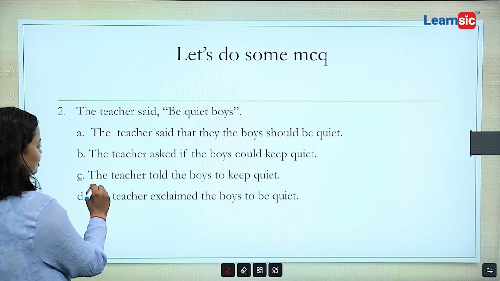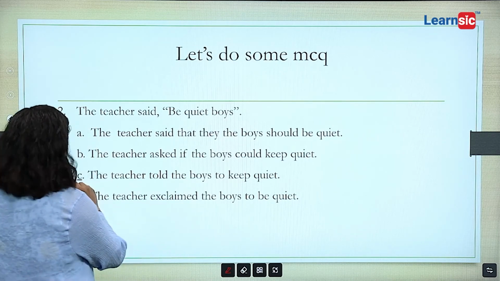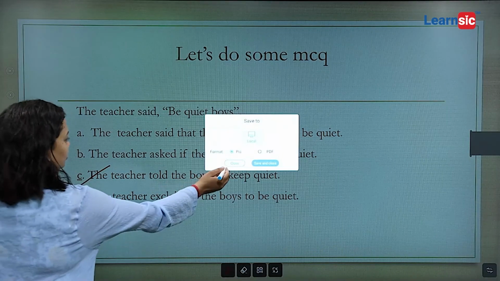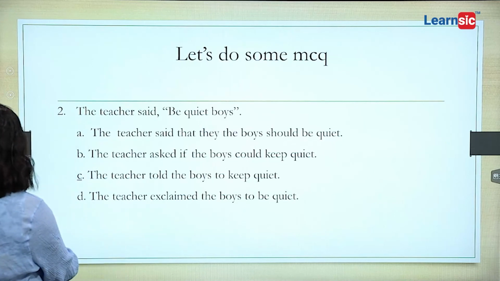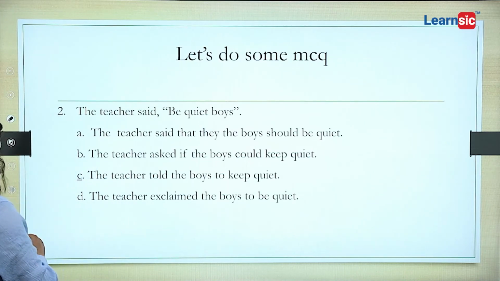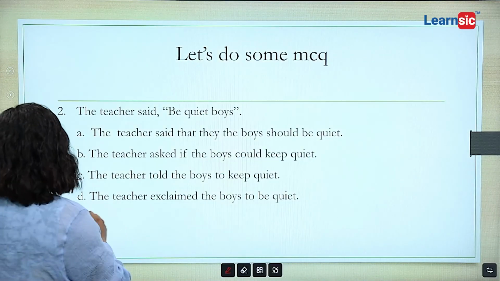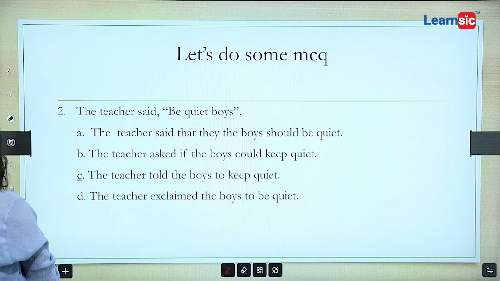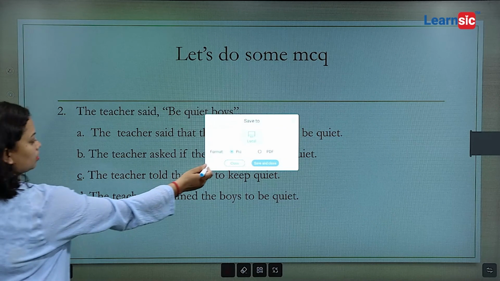Very nice. The teacher told the boys to keep quiet. Very nice. Exactly. I like this part of you. You have examined the things very properly. Okay, now let's go to another option.